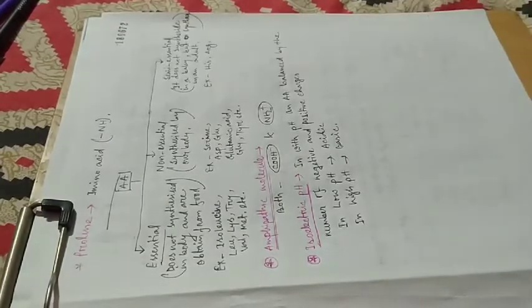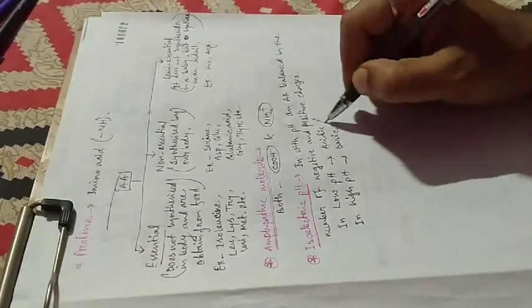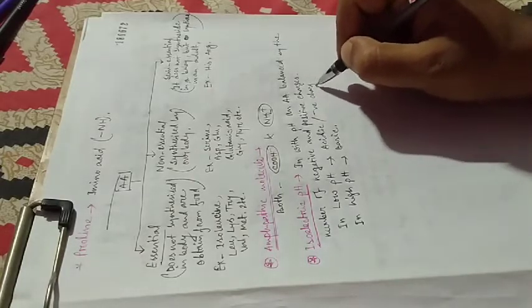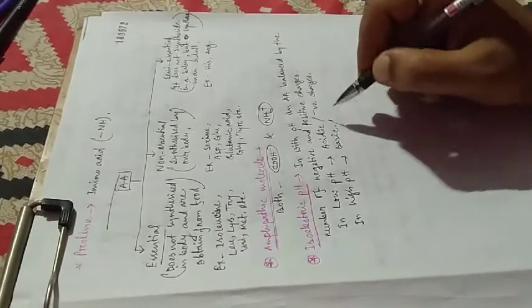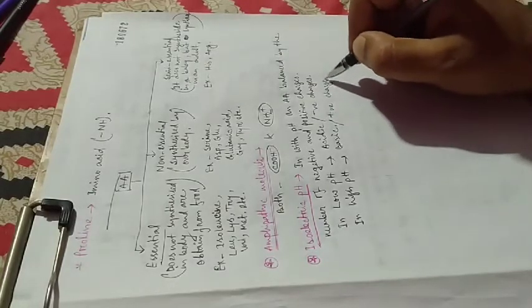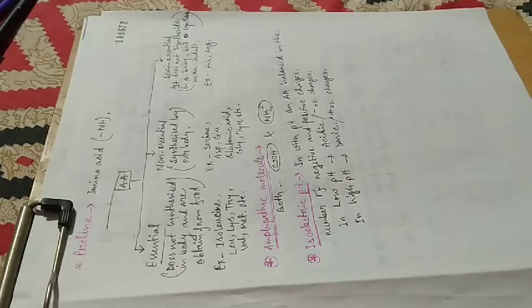Or it shows negative charges in one case, and in high pH it shows positive charges. So each amino acid has a specific pH value at which it bears the same positive and negative charge. That pH point is called isoelectric pH.